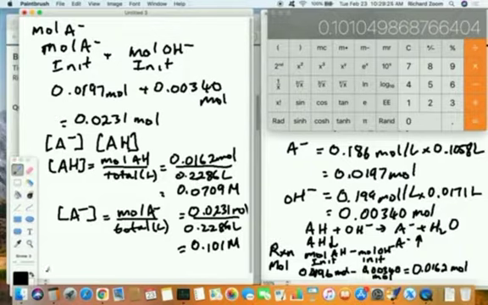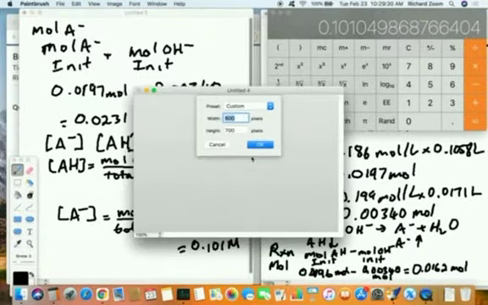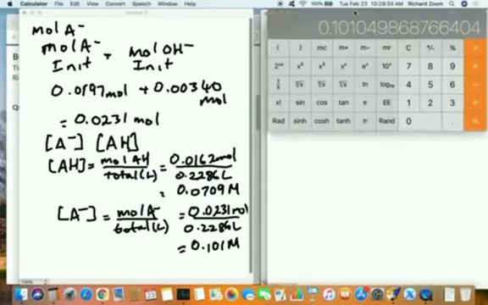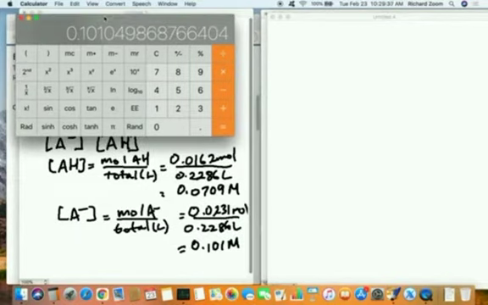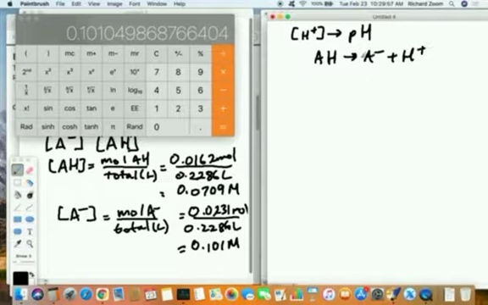Now we can solve for the pH. Let's do the H plus and then we'll get the pH from there. And this will be the final pH. Again, we're using our AH gives A minus plus H plus.